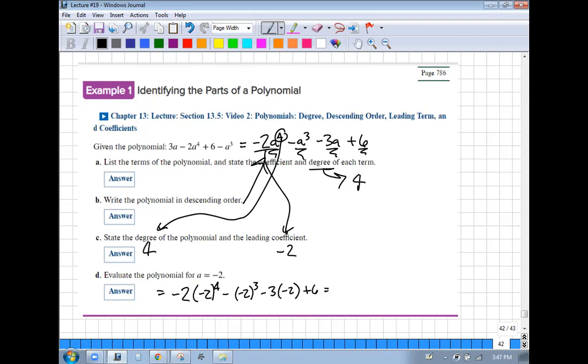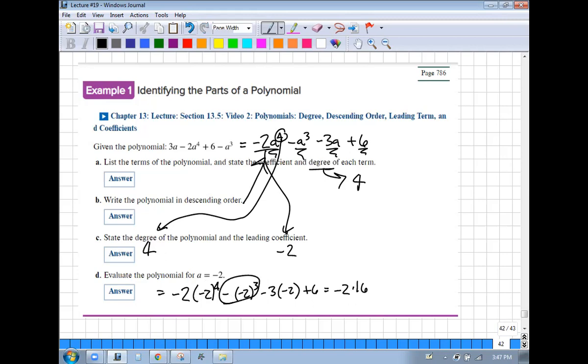So all we did is take this, and everywhere there's an a, we replaced it with -2. So let's look at this term by term. I have a -2 here, -2 to the 4th power. That's -2 times -2 times -2 times -2. So you have 4 minuses, so they cancel out. 2 to the 4th power is 2 times 2 times 2 times 2, which is 16.